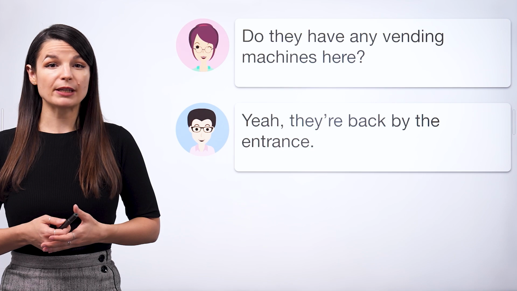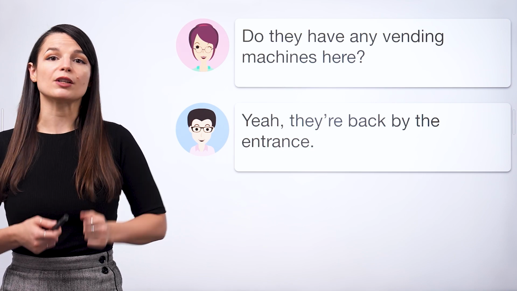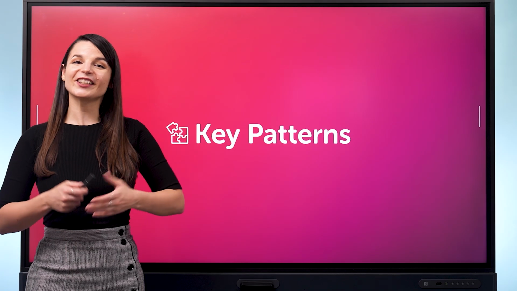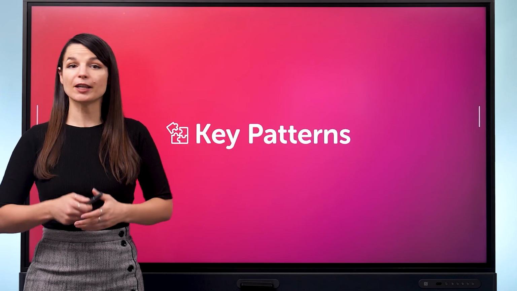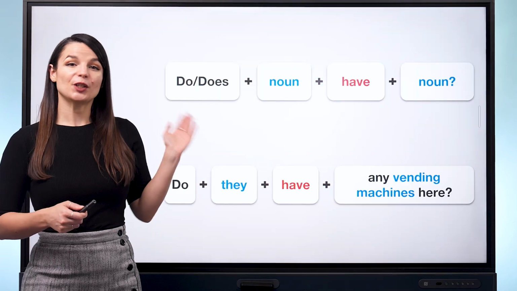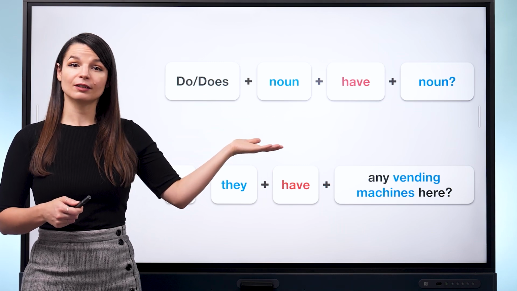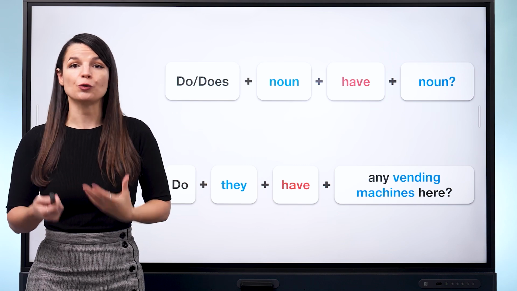When talking about a business or company in English, the pronoun they can be used in place of saying the full name. Let's look at the sentence pattern. This pattern is the structure that all of our examples will follow. Do or does, noun, have, noun. When we're referring to a business or group, we say, do they.